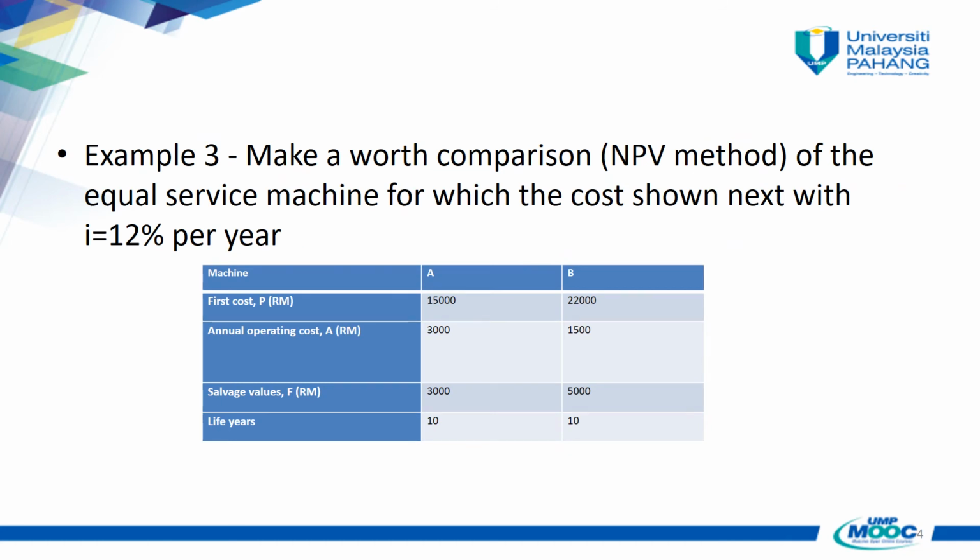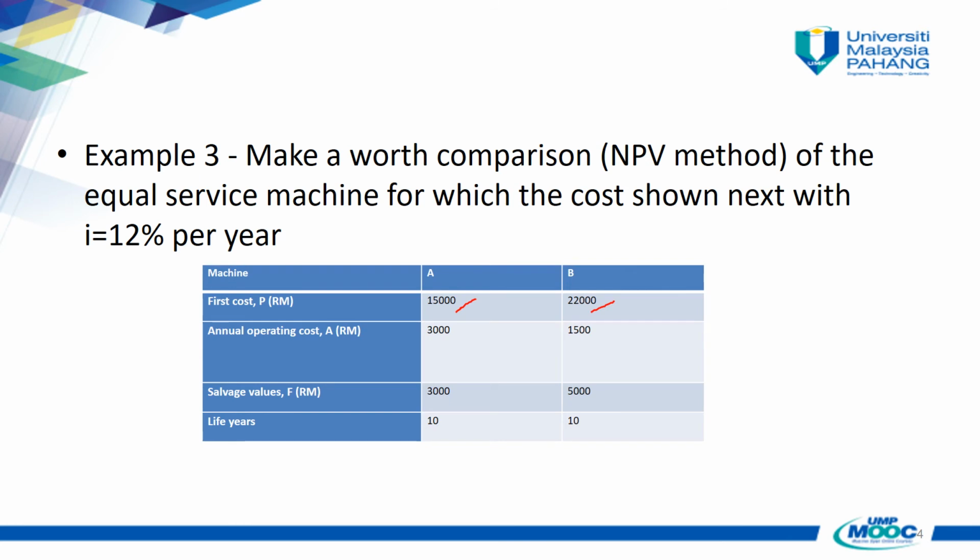Alright, let's go for the third example of this present worth or NPV method. We have machinery A and machinery B. Machinery A, we purchase at 15,000. Machinery B, we purchase at 22,000.